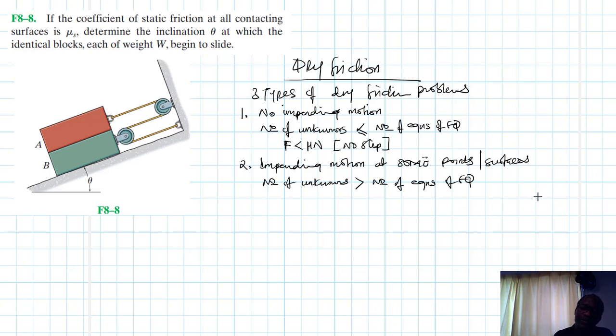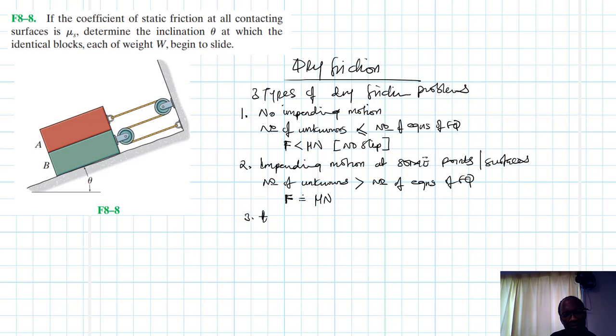And you expect to use additional equations, which are the friction equation. For those other points where you don't use the friction equation, you need to check for slip, like we did in the first type of problems.